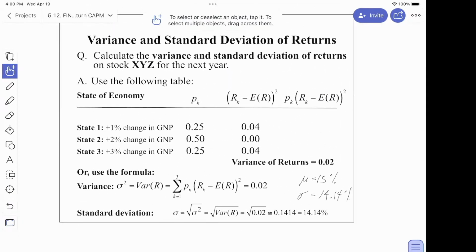If all you have is the mean, then you will have to do this table, right? So this table just means you have to take the deviation from the mean, square it, and put the weight in front of it and sum them up.